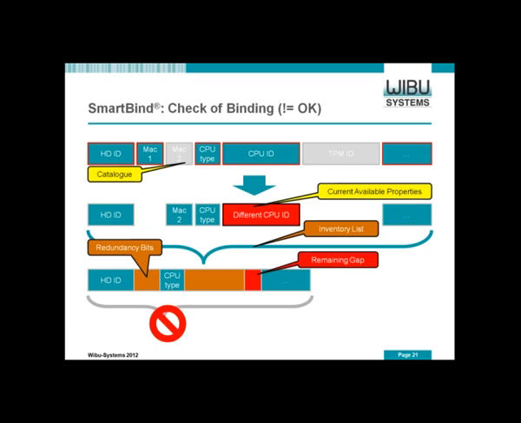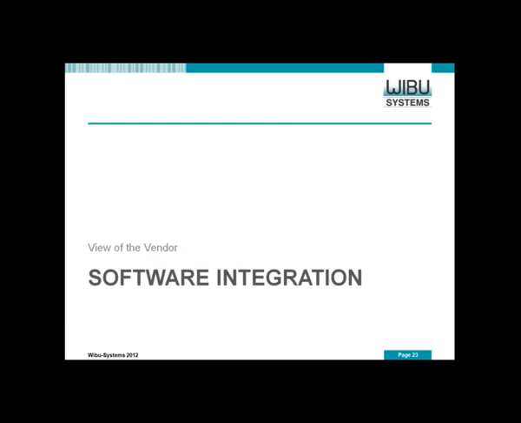So the customer now needs to rehost or reactivate the software, otherwise he cannot use it because he changed his computer too much. And so if you have such a big thing like the CPU ID or TPM chip or other important things, then in most cases it's really a different computer. And so everything works very, very well with CodeMeter SmartBind.